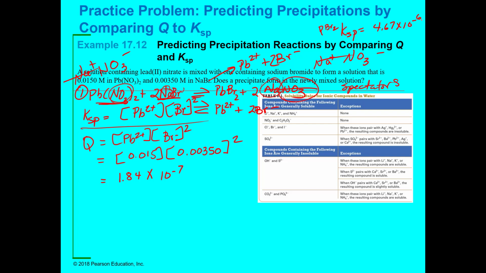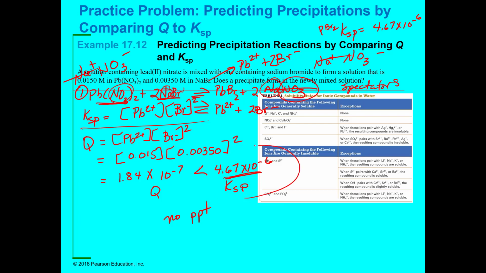So Q, 1.84 times 10 to the minus 7, is less than 4.67 times 10 to the minus 6. So Q is less than KSP. So that means that it hasn't reached this level yet. So there's no precipitate, because it's not saturated yet.